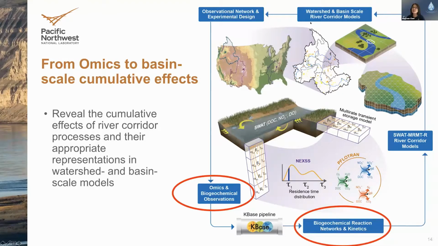And then we also use that information to guide where and when to collect our samples that can make the most impact to improve our models. This is a cycle we often call the MODEX, the model experiment iteration MODEX cycle, or model data integration, underpinning how we improve our predictive models.